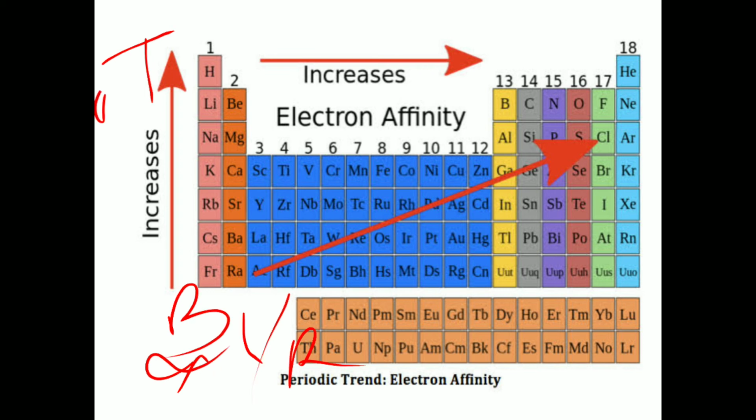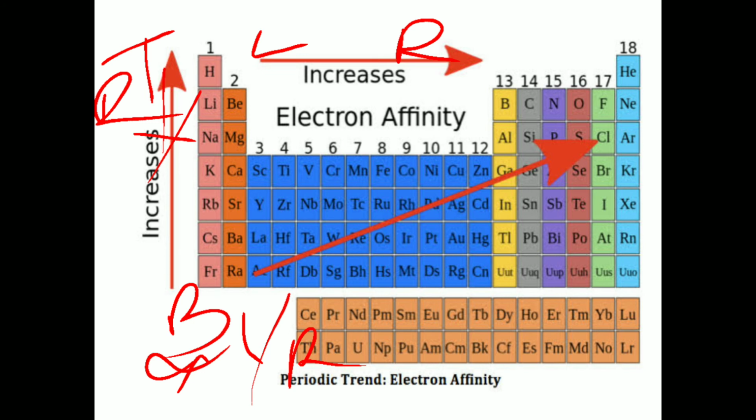As the radius decreases, the electron affinity increases. Similarly, going from left to right in a period the radius decreases, that is why the electron affinity increases, as shown by this figure as well.